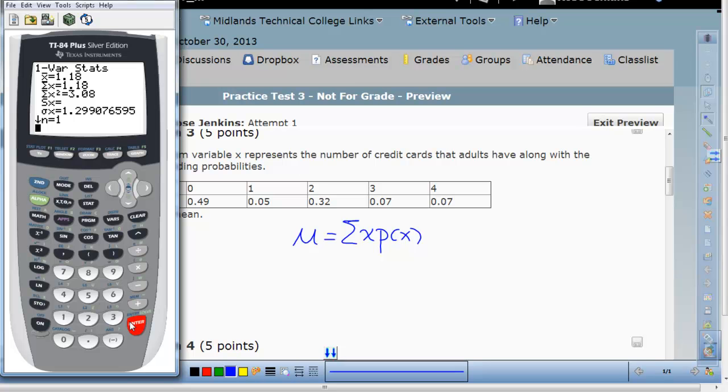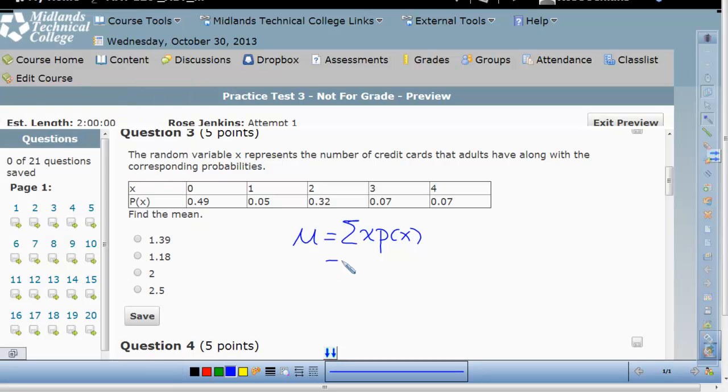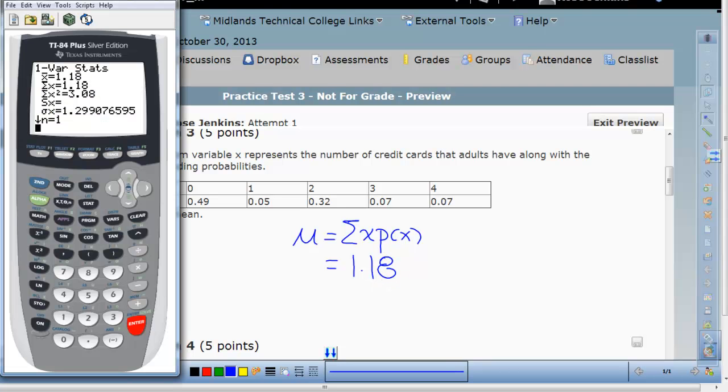Okay, that's our mean. All right, the mean of this probability distribution is 1.18. We had some, I think, interesting situations before where it didn't exactly add up to 1. But in a simple case like this, it should add up to exactly 1, and that'll take care of it.